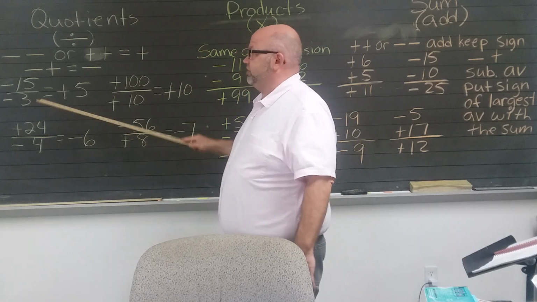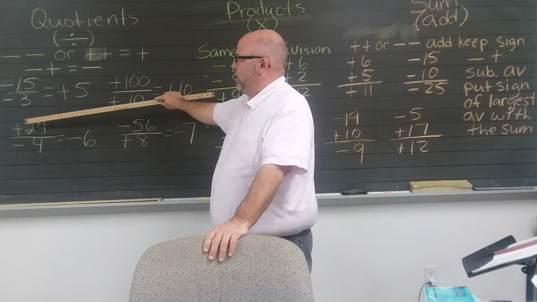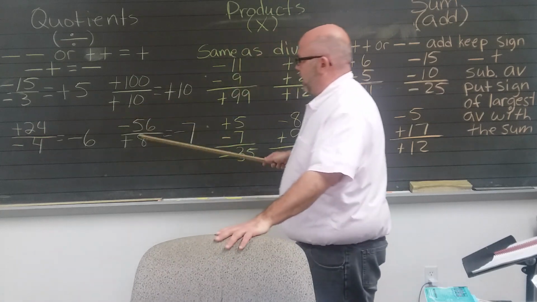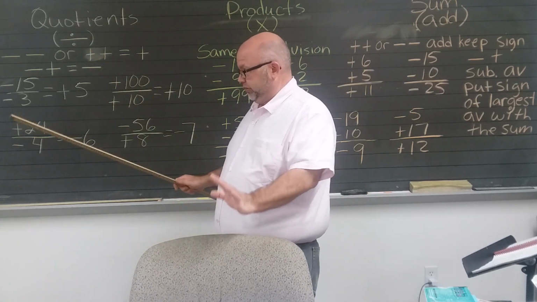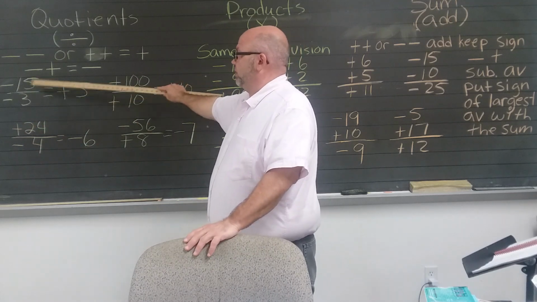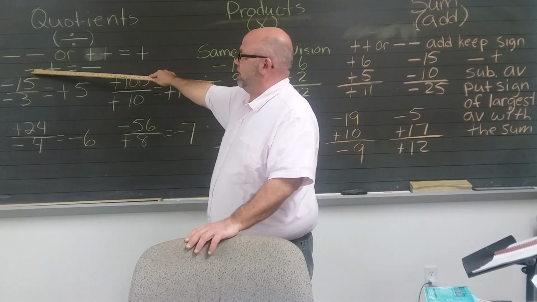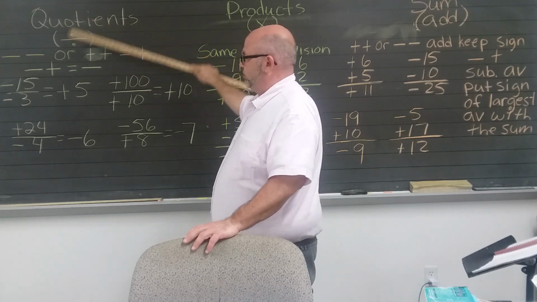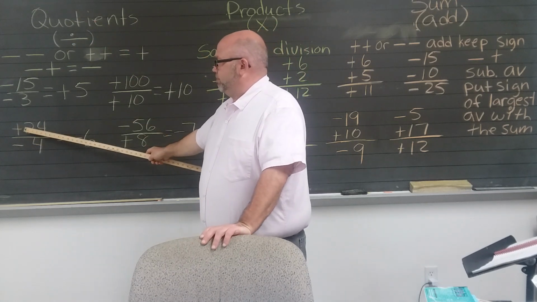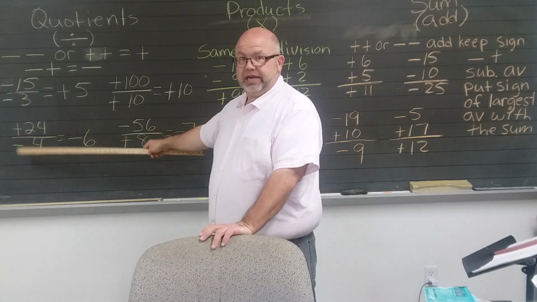If your signs are different with division, if you have a positive and a negative, your answer is always negative. Always. So that's what this means here. You have different signs, negative, positive equals a negative, when you're working with division. So you have positive 24 divided by negative 4.